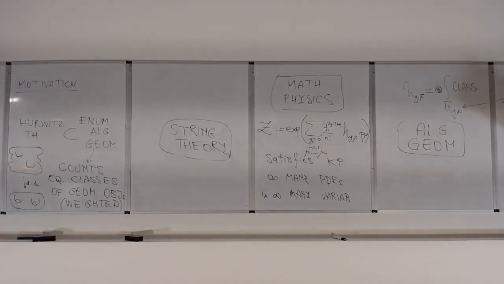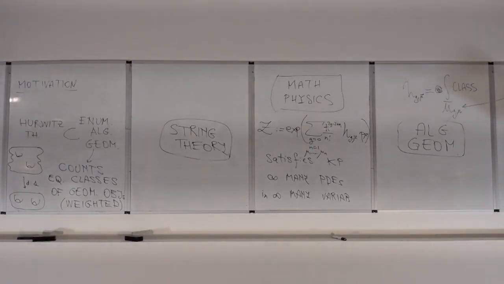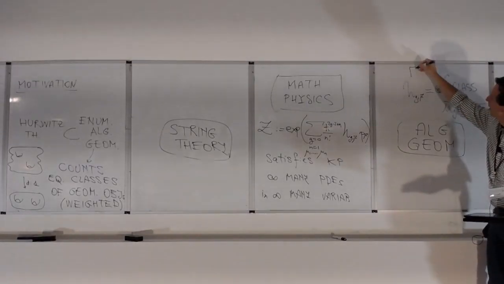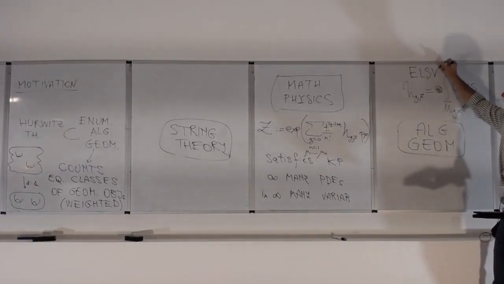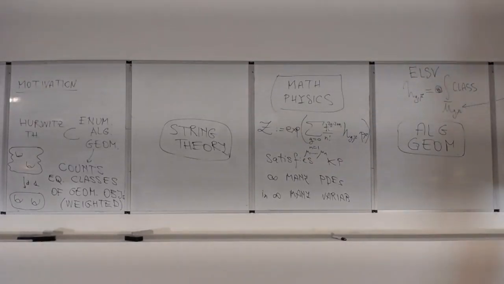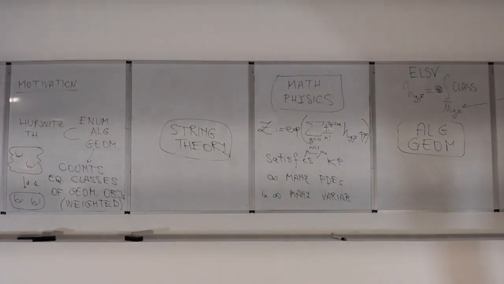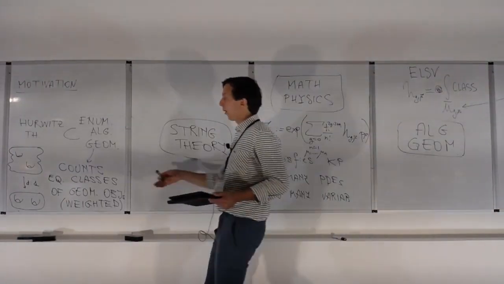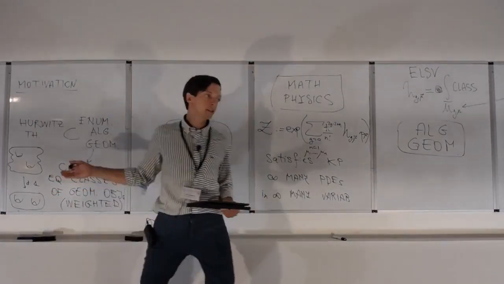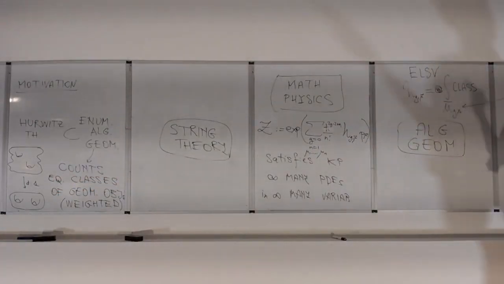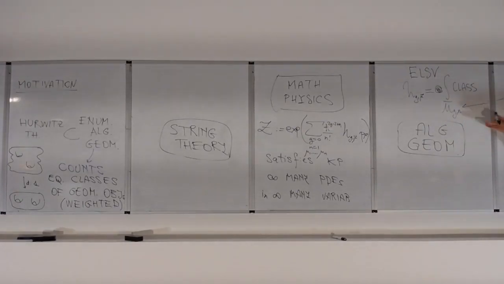And it's already beautiful that such a formula exists. This is what some people call the ELSV formula. That stands for the four people who came up with it in '99. So what I'm saying is that you count some objects, and then it turns out that they have a cohomological representation on the moduli space of curves.